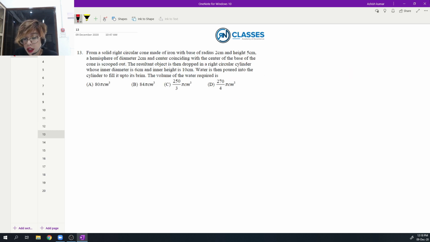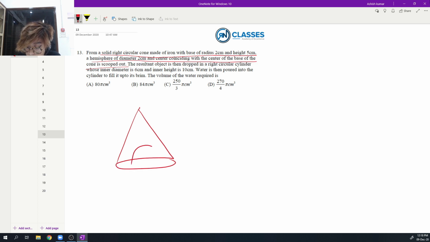From a solid right circular cone made of iron with base radius this and height this, a hemisphere of diameter this, center coinciding with the center of the base, is scooped out. Right? So out of a cone, a hemisphere has been scooped out. Right? So this is my new solid. Now this new solid, the resultant object, is dropped in a right circular cylinder.